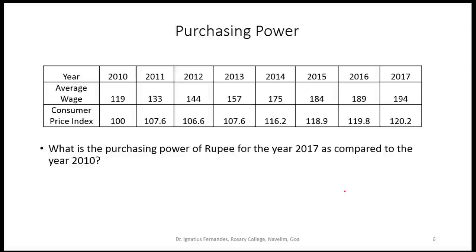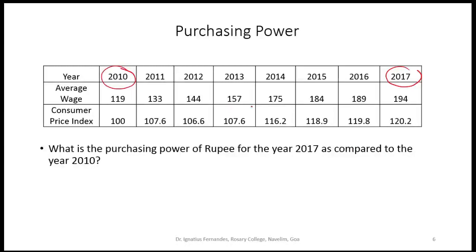Now let us say we want to find out the purchasing power of the current currency, that is rupee here, for some year as compared to some base year. Like what is the purchasing power of rupee for 2017 as compared to 2010.